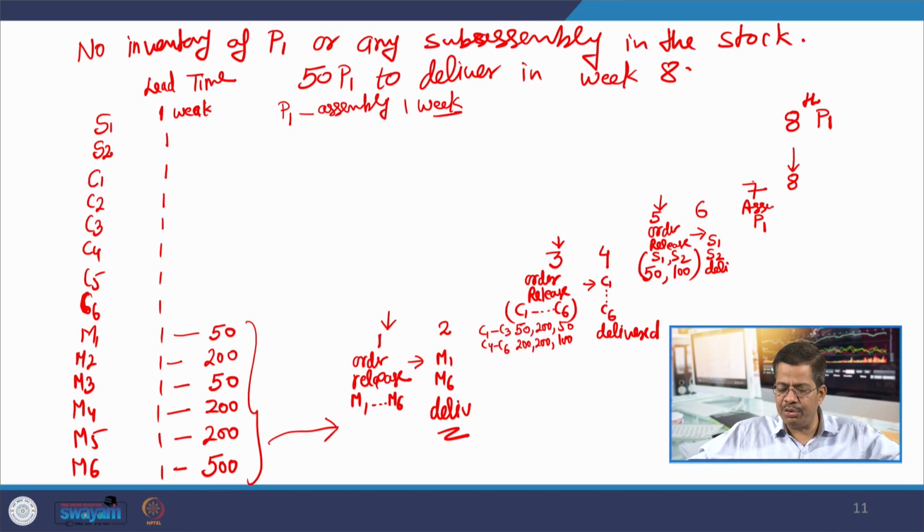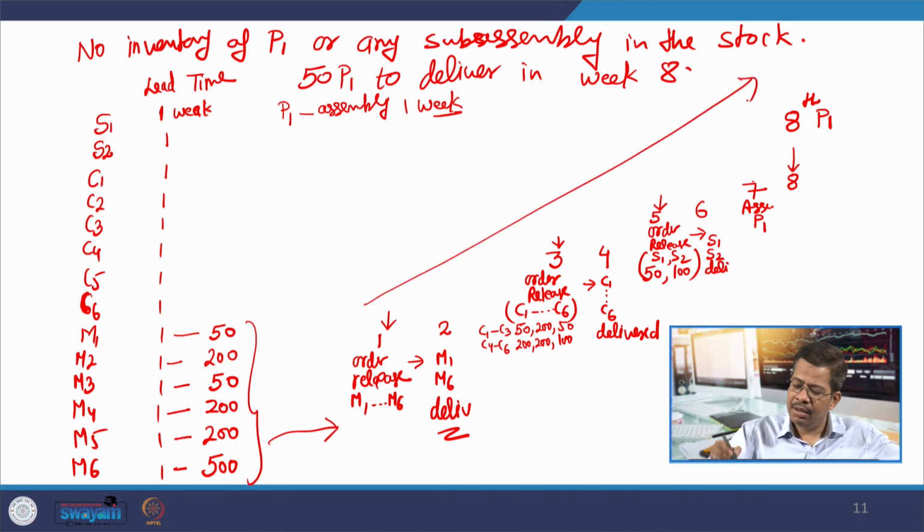Order for S1 and S2 is released in period 5, so that these are delivered to us in period 6, and then in the 7th period we will assemble S1, S2 to make P1, and finally in the beginning of period 8, we will be able to deliver 50 P1. So, this is the way my material requirement planning is happening.